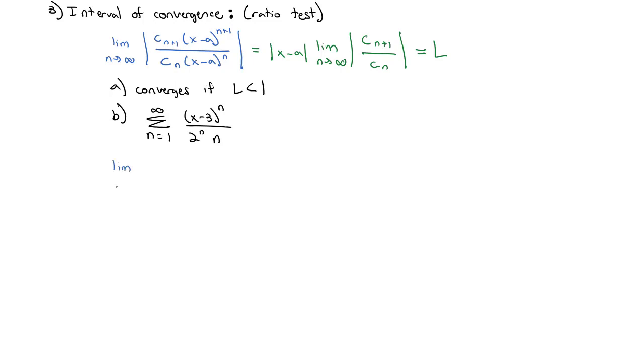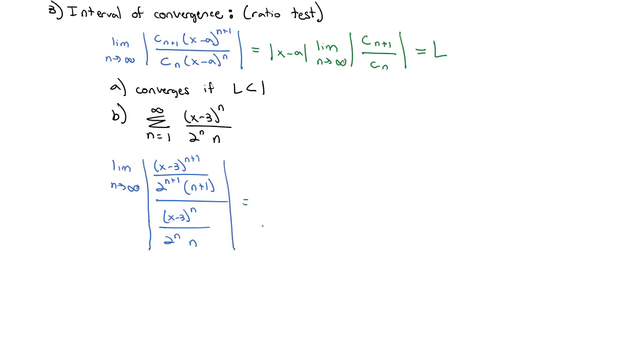Well, to calculate that, we can take the limit as n goes to infinity of the next term, which is (x minus 3) to the n plus 1 over 2 to the n plus 1 times n plus 1, all over the current term, which is (x minus 3) to the n over 2 to the n times n.